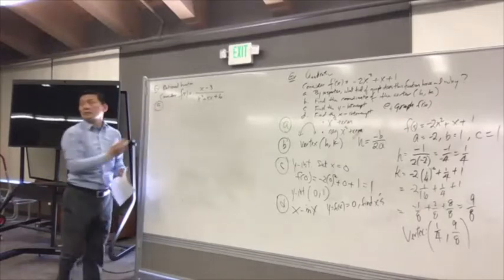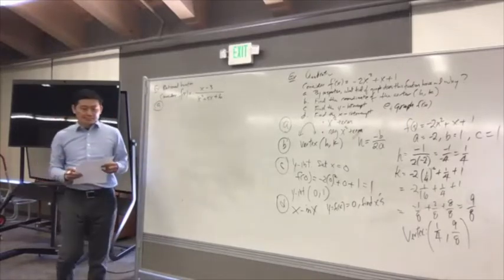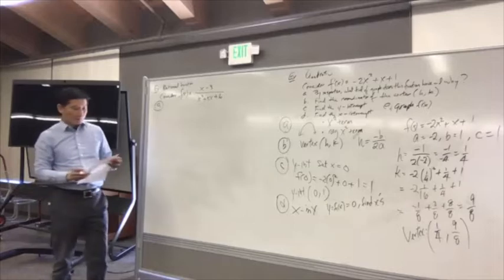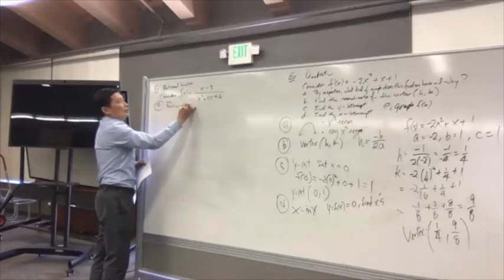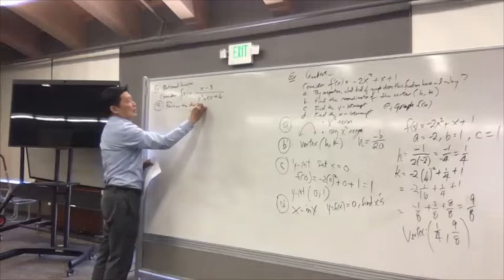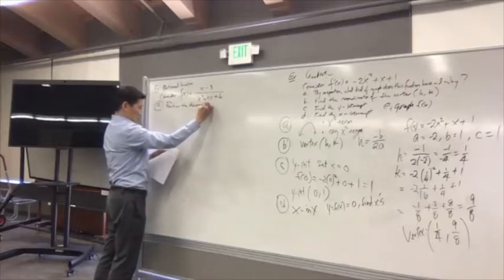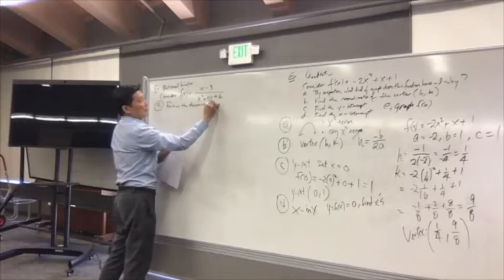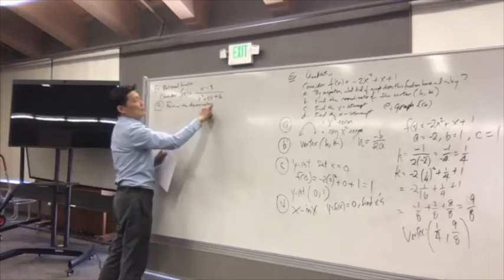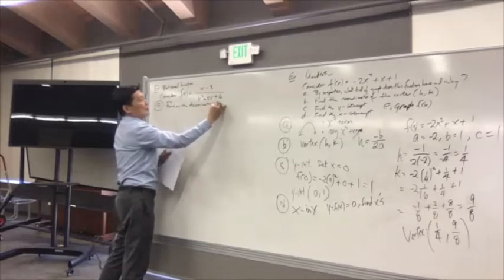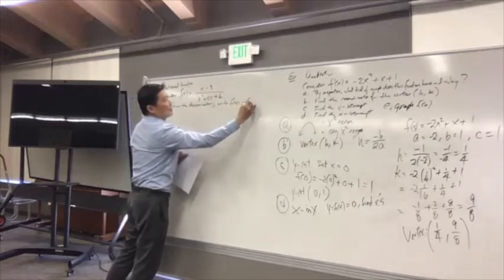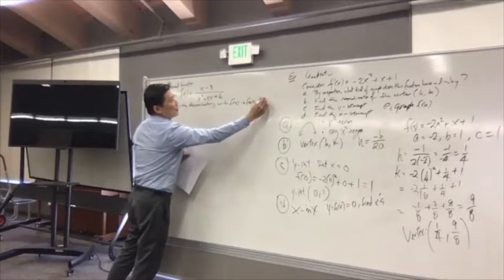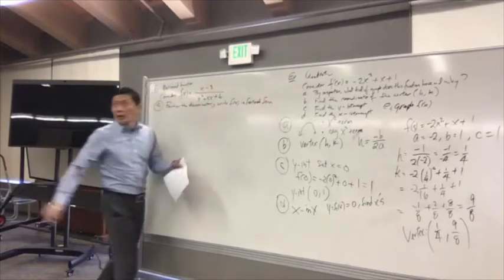Part A. Factor the denominator. Write f of x in factored form. So go ahead and do that.